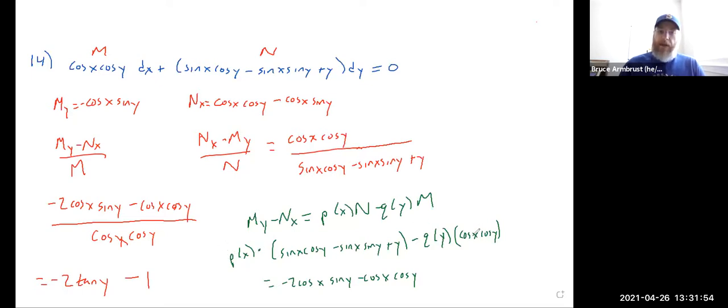In terms of the cosine x and cosine y, there's just this one term that has a minus cosine x cosine y. So that tells me that q of y has to have a 1 in it, and that's going to give me this. Then if we look at the minus 2 cosine x sine y, that tells us that p of x has to have in it a minus 2 to give me this piece.